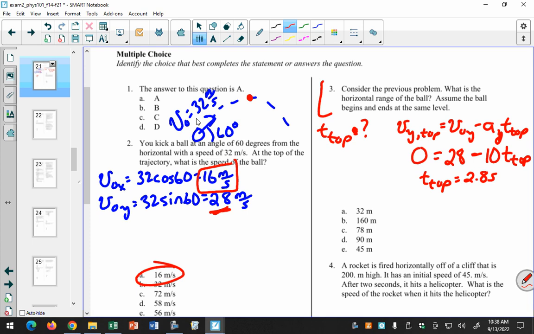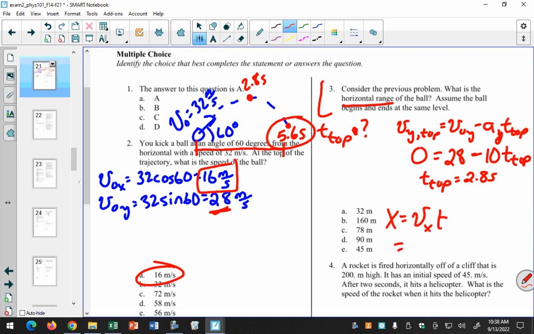So at the top of the trajectory, t is equal to 2.8 seconds. That means down here, t is equal to twice that, or 5.6 seconds. And if I want to know the horizontal range, this is the time that I want, because at that position, that's what the time is. It's 5.6 seconds. So I would say x is equal to vx times t.